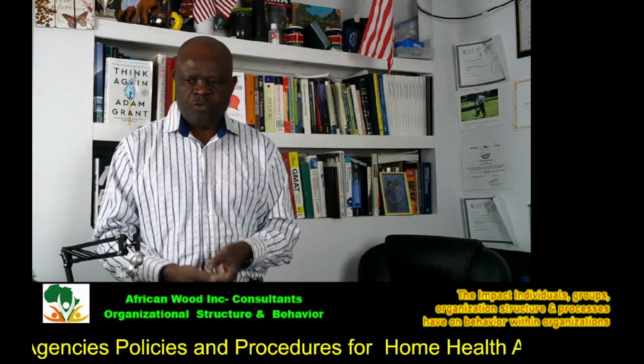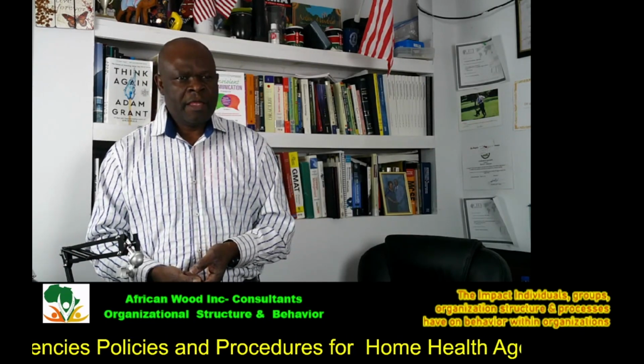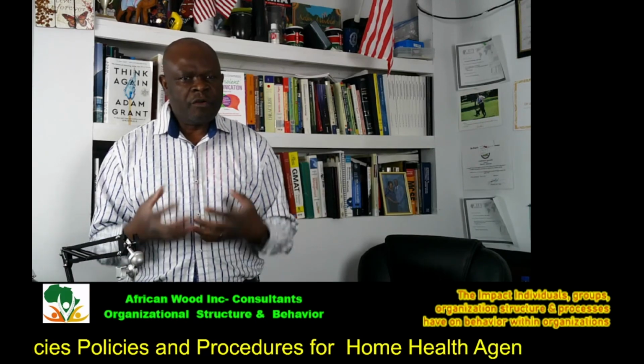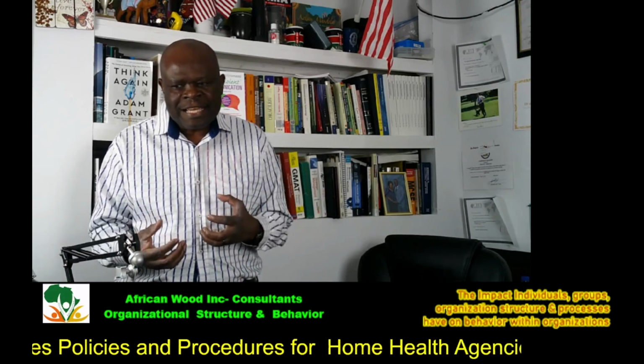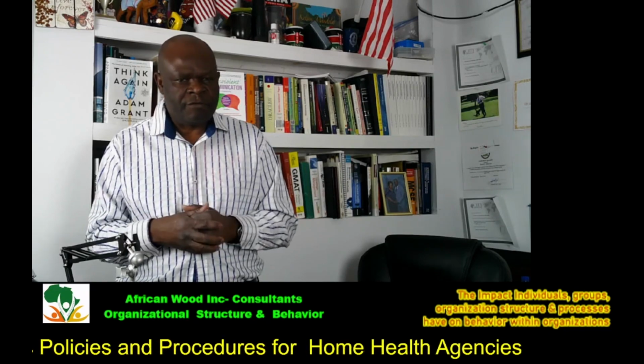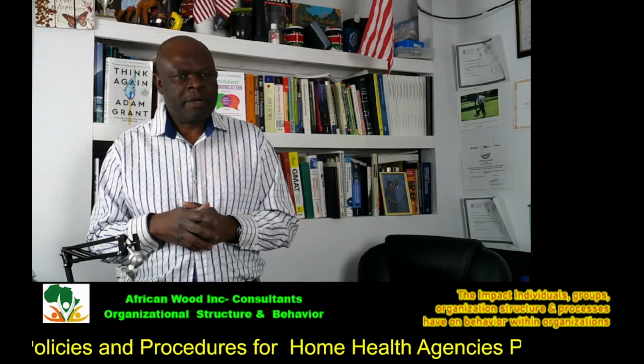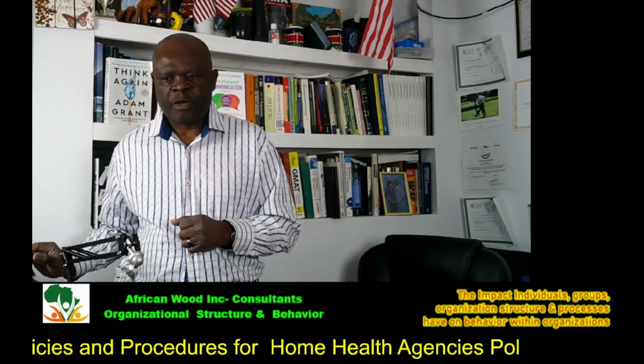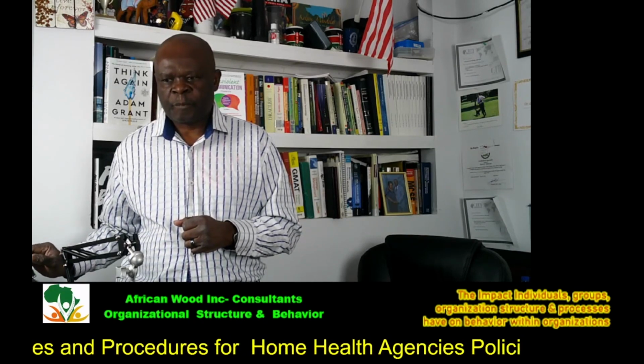What words do you want to own? Okay? You pick 1 or 2 or 3 or 4, something you stand for. Put it down on paper, it becomes part of your policies and procedures.